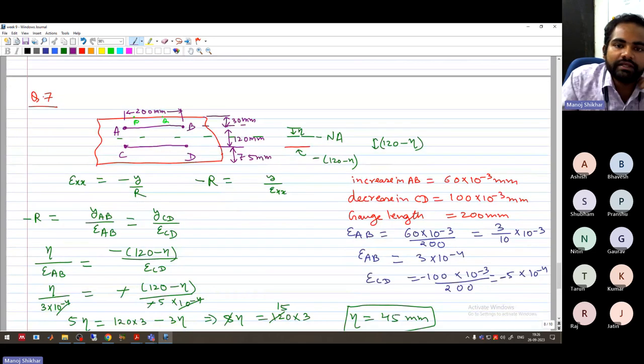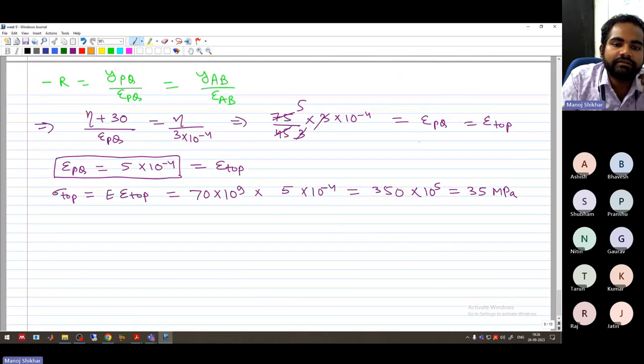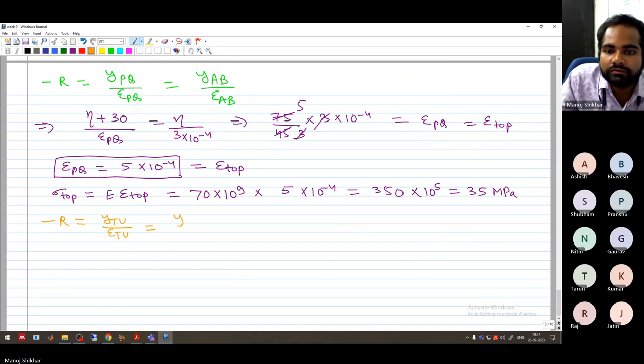Similarly, to calculate the stress in the bottom, we can do this. Suppose we have some points TU here. So we can write minus R equal to y TU upon epsilon TU equal to y AB upon epsilon AB.